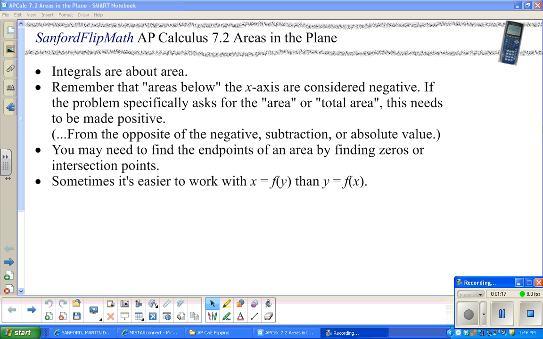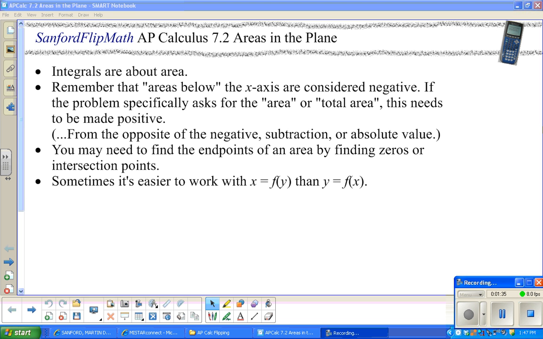Remember that area, typically what we refer to loosely as areas below the x-axis, are considered to be negative. And if the problem specifically asks for total area, or specifically, in quotes, area, then you need to make those positive.